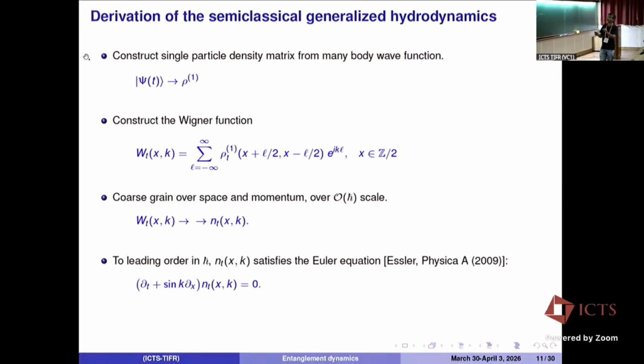If you take this Wigner function and do a bit of coarse graining over some h bar scale, then you would essentially get this classical phase space density. And then one can show that to leading order in h bar, this n satisfies this equation. The simple place to look at it is this review article.